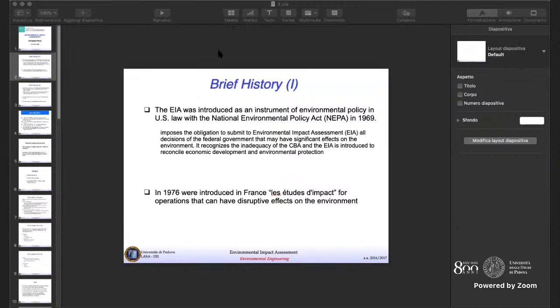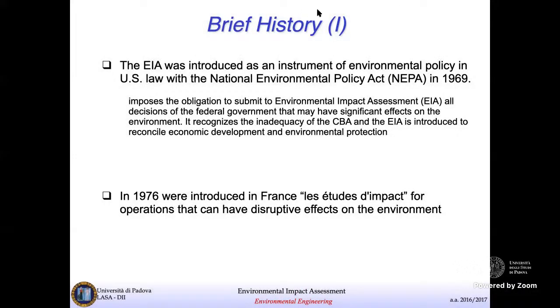Yes, we were discussing the National Environmental Policy Act, NEPA, 1969. Before 1969, the only tool customarily employed to deal with environmental impact assessment was essentially cost-benefit analysis.